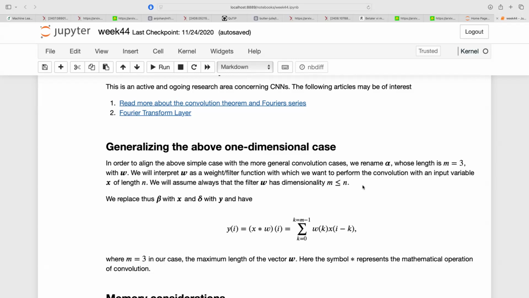So let's switch over to the whiteboard and see how we can manipulate this expression, which you see here, and rewrite this in a compact vector times vector multiplication. And then we generalize it to a matrix times a matrix, where one matrix now represents your input data, and the other matrix represents the filter we are going to apply.